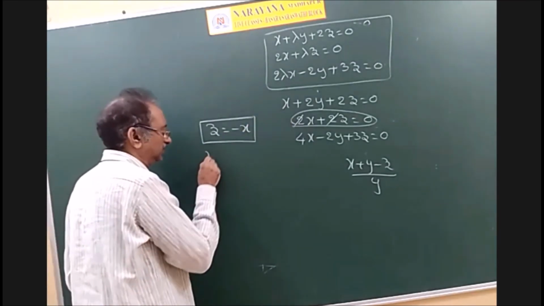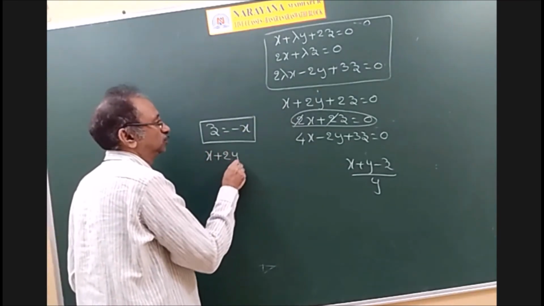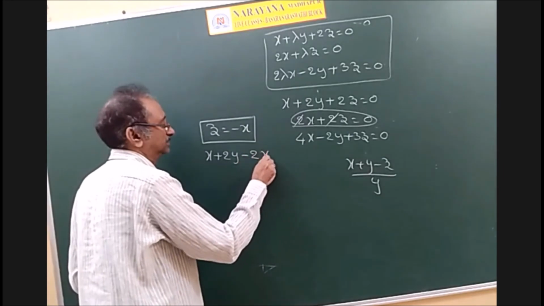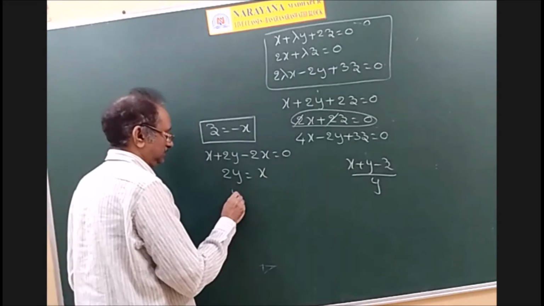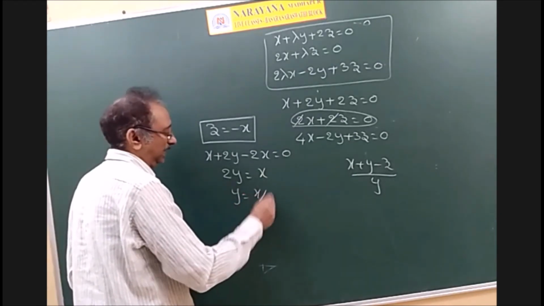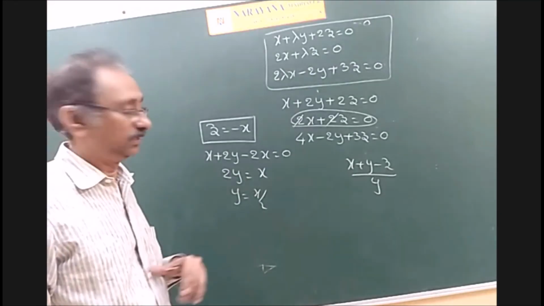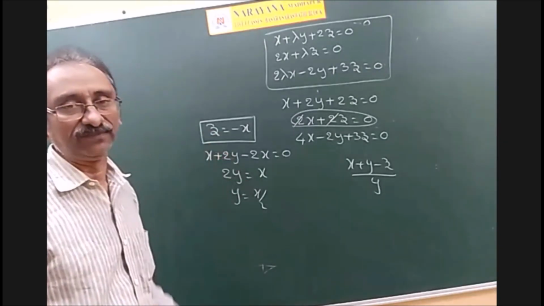See this equation, x plus 2y minus 2x is equal to 0. So 2y is equal to x and y is equal to x by 2. See, every variable is written in terms of x.